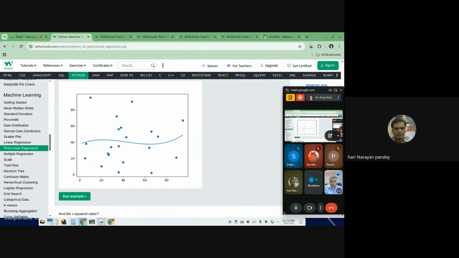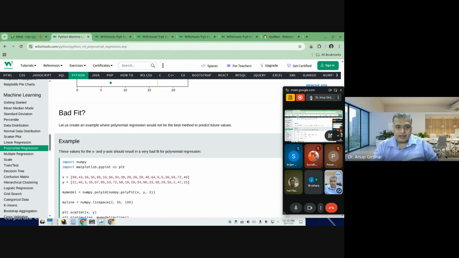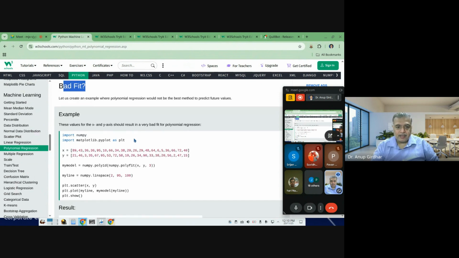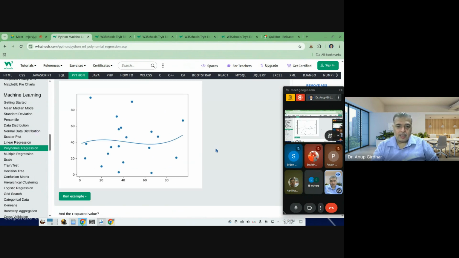Take a look at this data set now. Let's say we have a bad fit. If you go and check the bad fit, suppose we have a very random data set and now you try to fit. Can you arrange this part? No, you can't, right? It is a very bad fit data set.